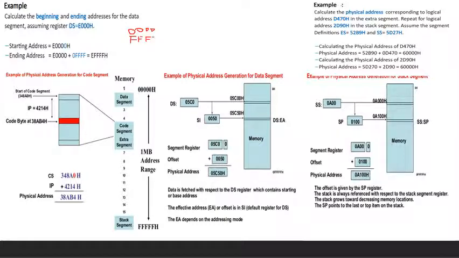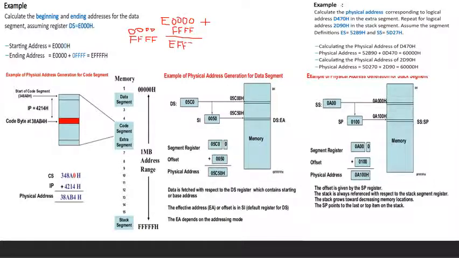Here the given value is E000, which is appended with a 0 first, and it is added with FFFF, so we will be getting EFFFF.